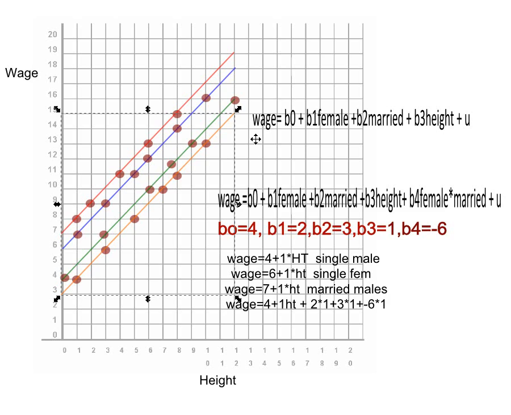I'm not going to go through that, but we could allow the slopes to be different for all four groups if we wanted to. But here, with this interaction of the two dummies, you're allowing a different intercept for people who are both female and married.